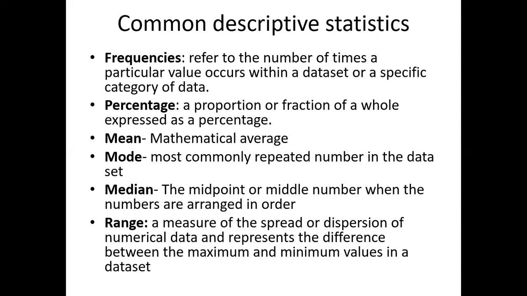Then there is a range. The range is a measure of the spread or dispersion of numerical data, and it represents the difference between the maximum and the minimum values in the data set.